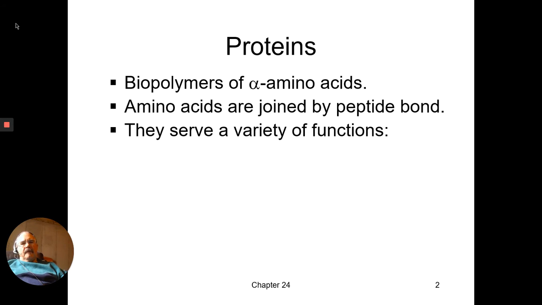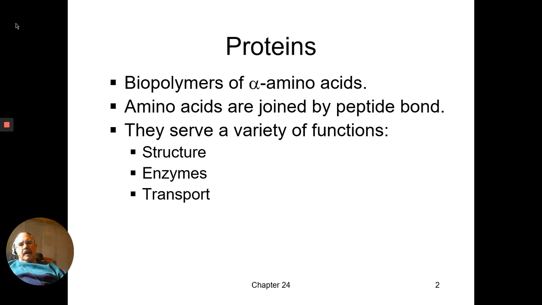Some of the functions of proteins include structure. Okay, this is keratin and collagen: hair, skin, nails, for example. Enzymes, these are extremely efficient catalysts in the body.